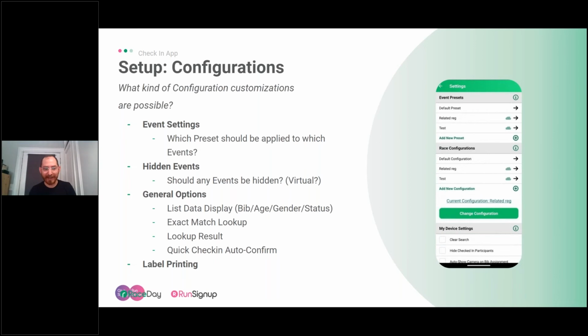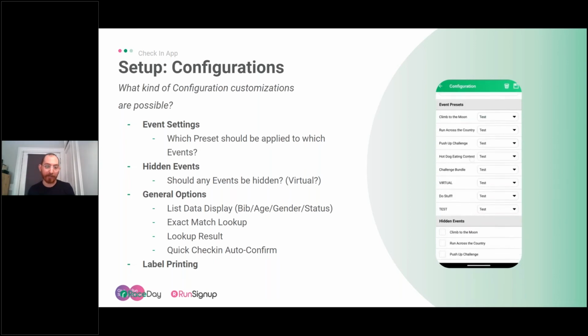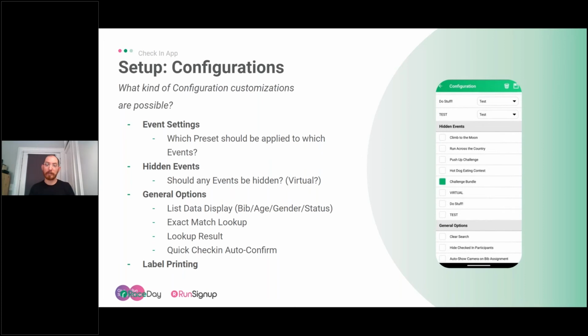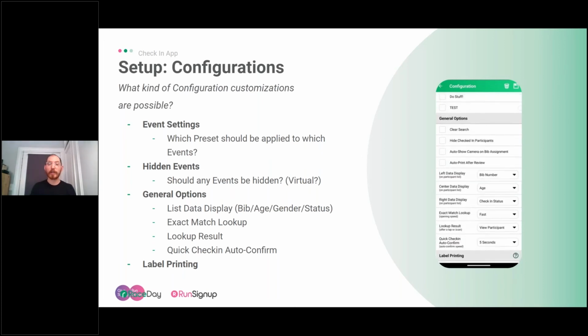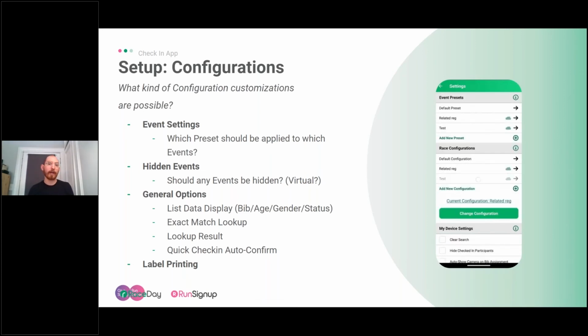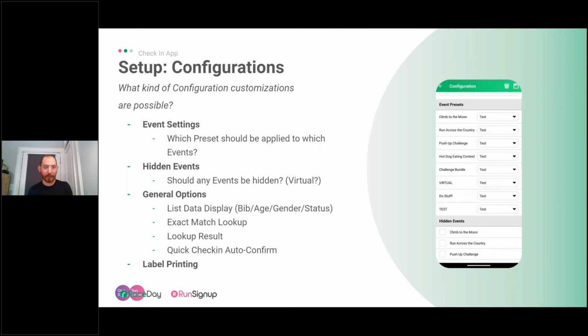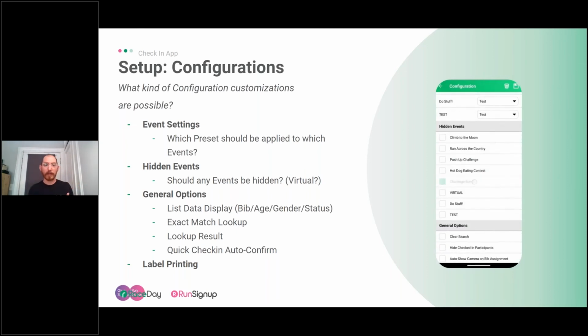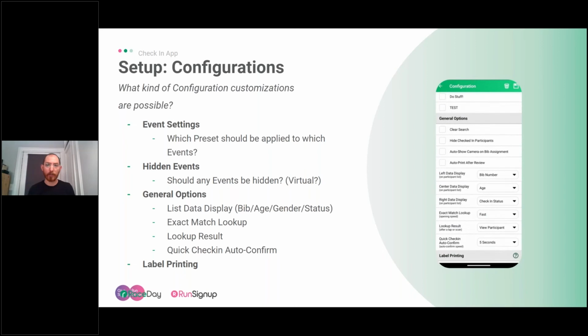And finally, the quick check-in auto confirm. This is if you're using the quick check-in feature on the app, which is basically a way to have a hands-off approach to the check-in. Typically, we'll find this useful for events that are really cold and they're wearing gloves and they don't want to interact with the device manually. So what they do is they make everything QR codes.